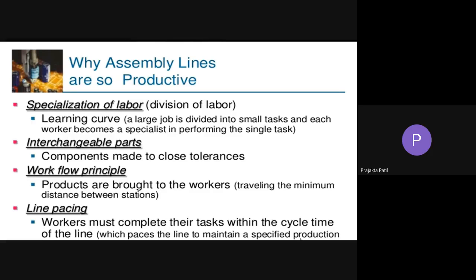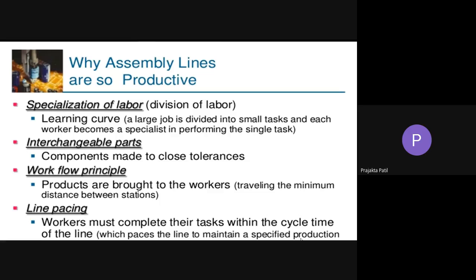One is because of certain principles that are taken into consideration. First is the specialization of labor, that is division of labor, which is nothing but the learning curve, where a large job is divided into smaller tasks, and each worker becomes a specialist in performing that single task. So we know the importance.